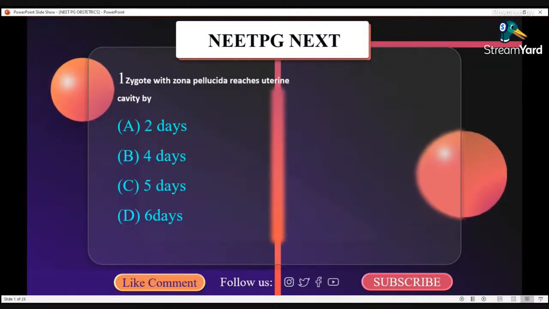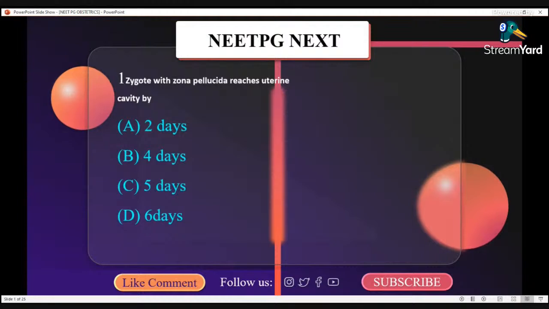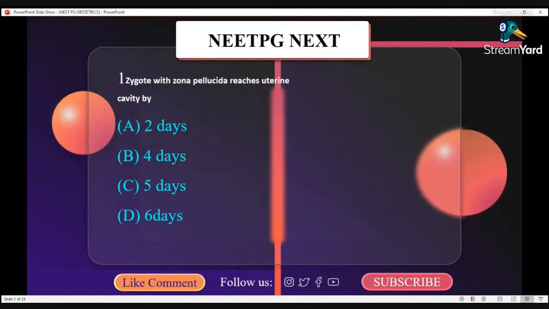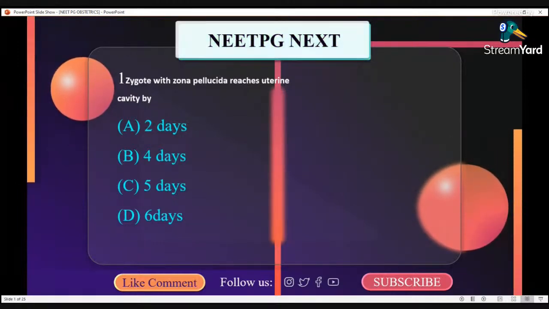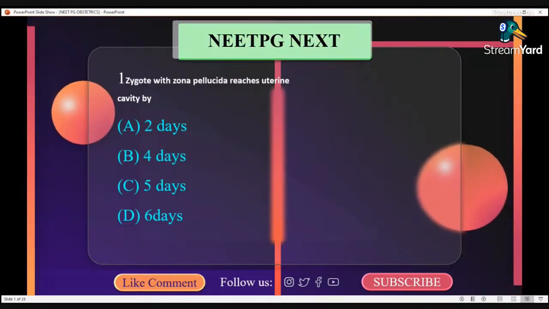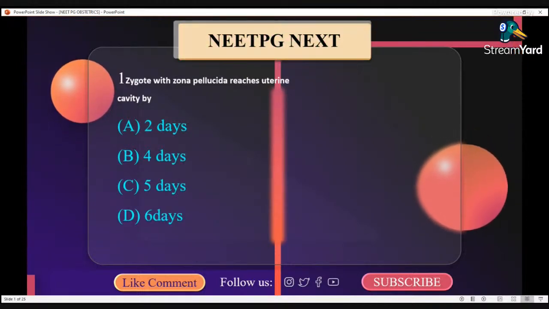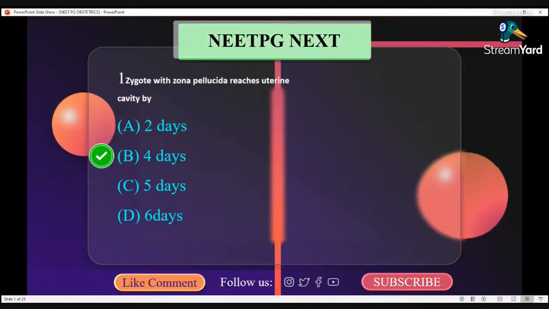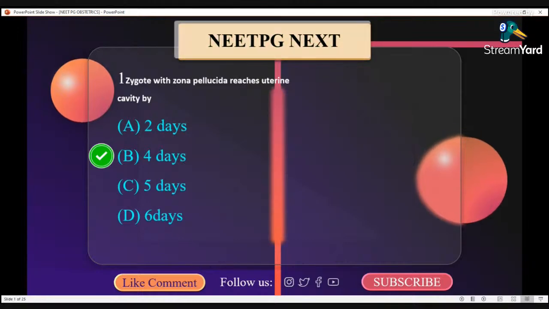The zygote with zona pellucida reaches the uterine cavity by 4 days.